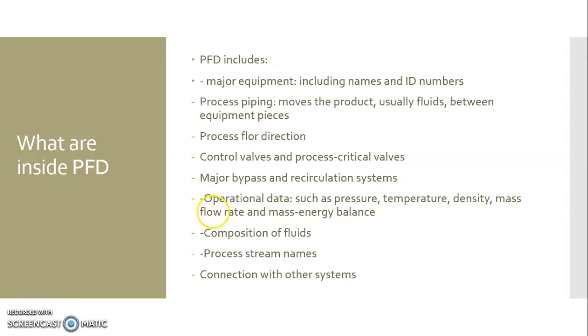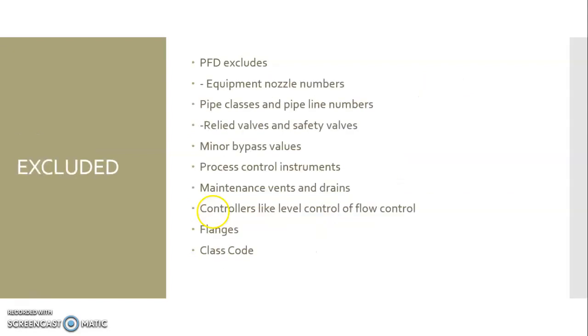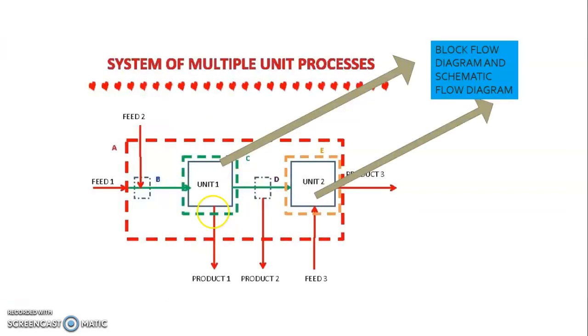So these are what you should provide in a PFD, and this is what does not need to be in a PFD. For example, minor bypass is not needed. Earlier we needed to include what? Major bypass. Maintenance vents and drains are not needed. Class code is not needed. Okay, you can read this.